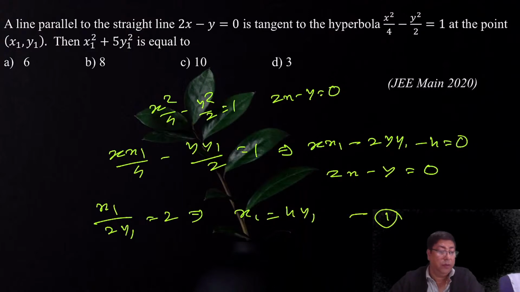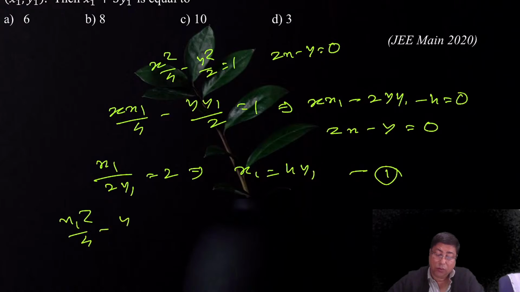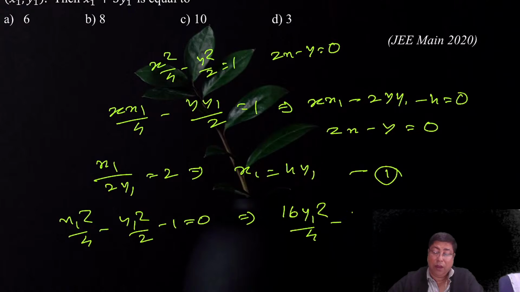Number 1. Now the point (x1, y1) lying on the hyperbola x square by 4 minus y square by 2 equal to 1. Therefore x1 square by 4 minus y1 square by 2 minus 1 equal to 0. So solving these two equations, we are getting 16y1 square by 4 minus y1 square by 2 equal to 1.